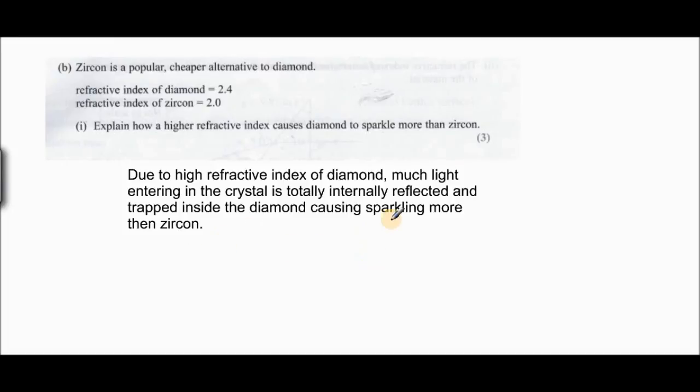And you can add one more thing if you wish. You can calculate the critical angle of zircon. For zircon, sine Cz equals 1 upon nz.